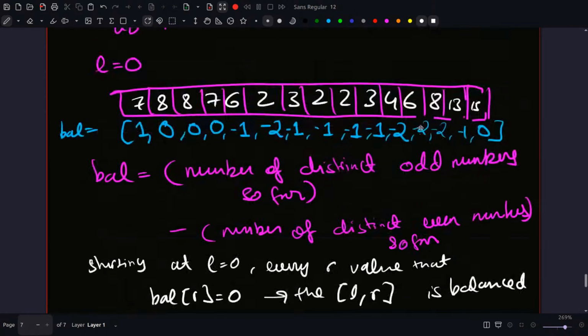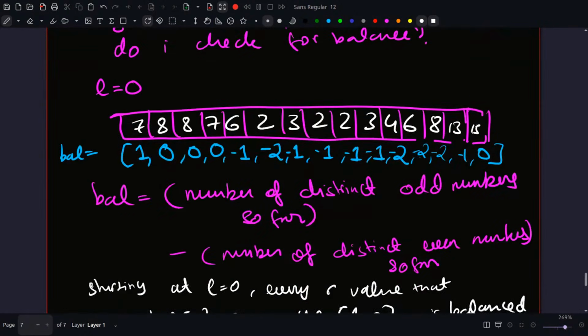Fine. So this is going to be our balanced one. Here in this subarray with this L, you can see that this is the last occurring position.